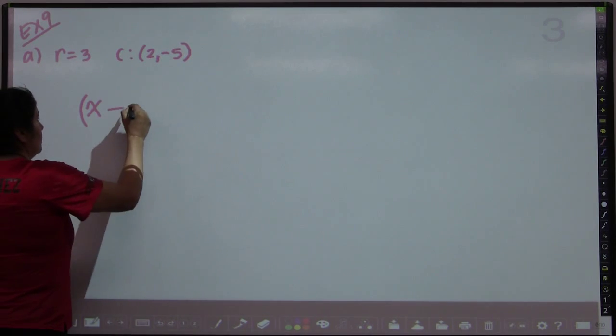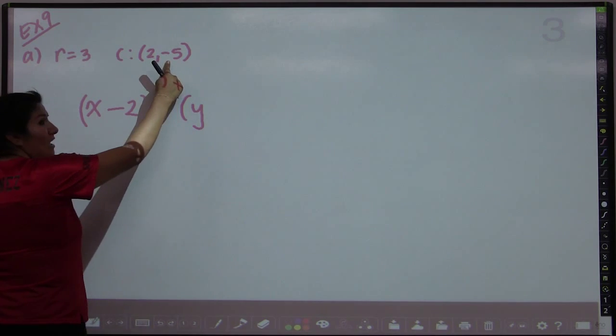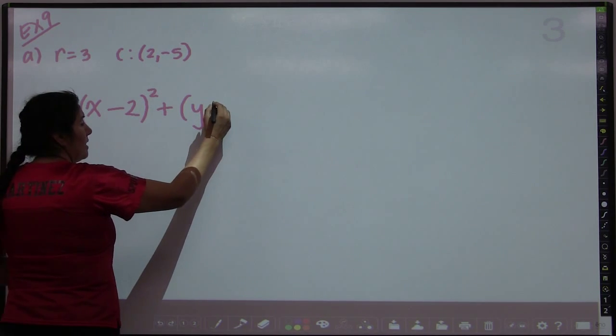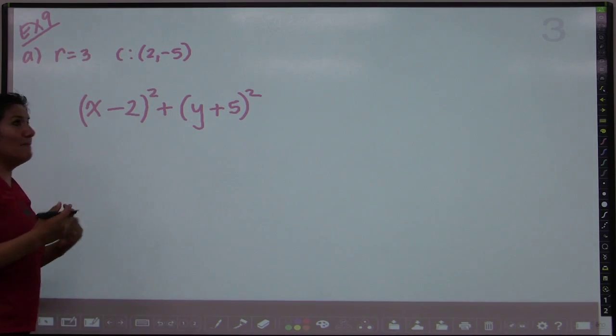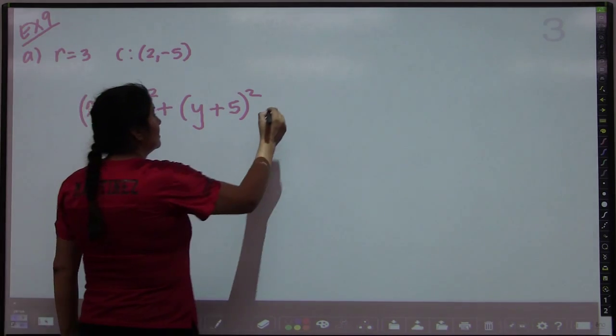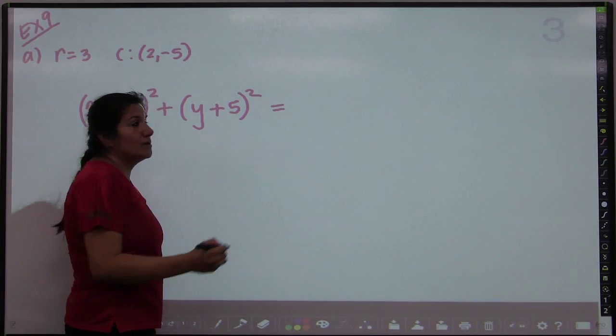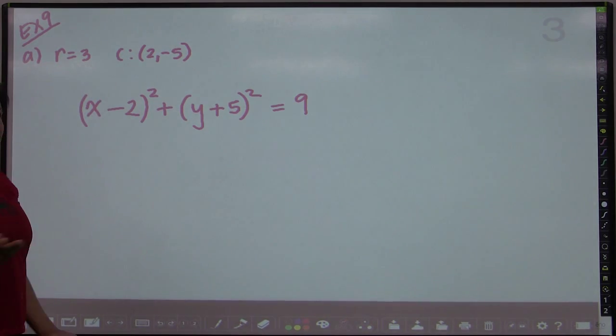A -2. And since this is a -5, this is going to be positive, so it's actually y minus -5, which is y plus 5, so there you go. And since my radius is 3, 3 squared is 9, and that is how difficult that is. That is your equation right there.